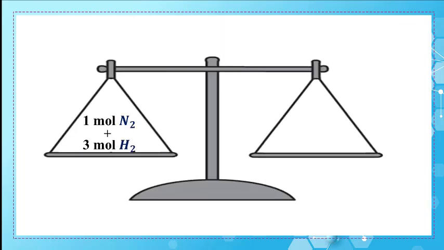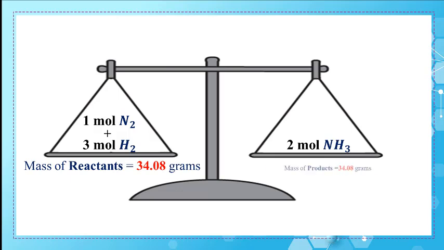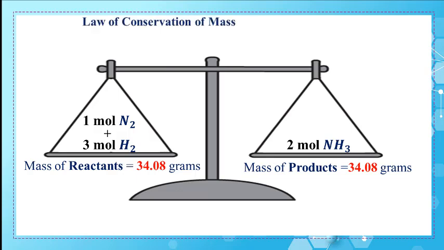In a balance, 1 mole of N2 and 3 moles of H2 are in equilibrium with 2 moles of NH3. The mass of the reactants is 34.080 grams. Also, the mass of the products is 34.080 grams.